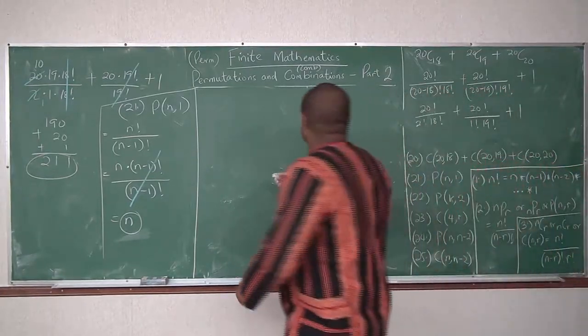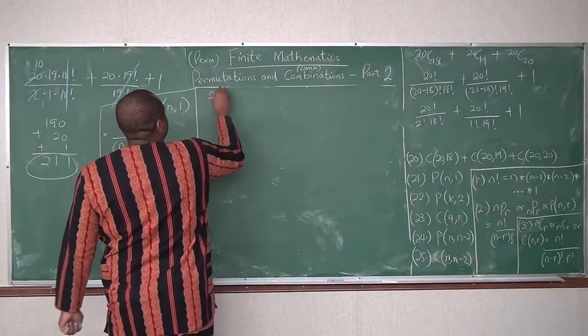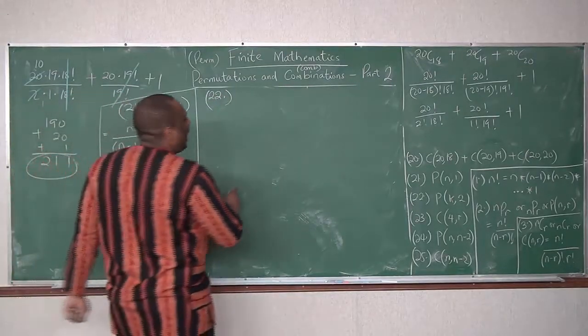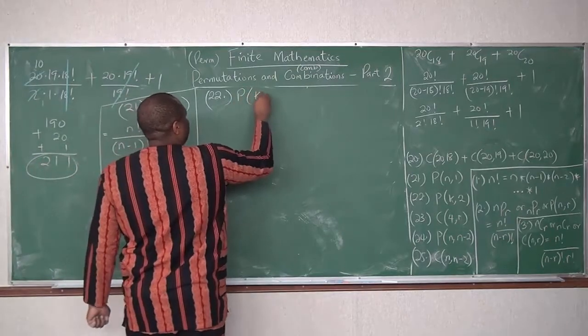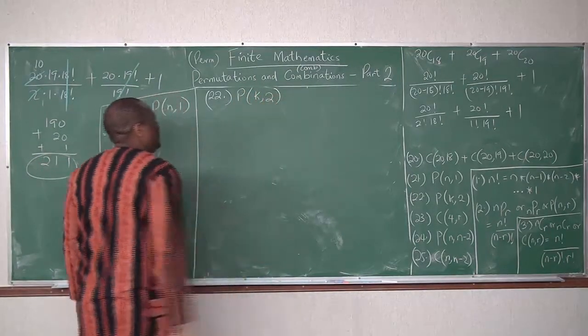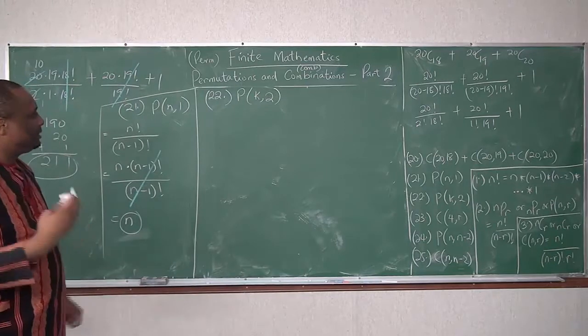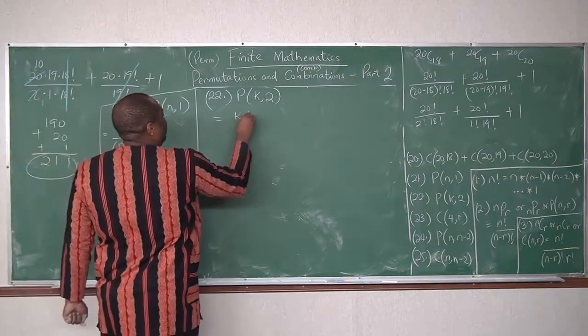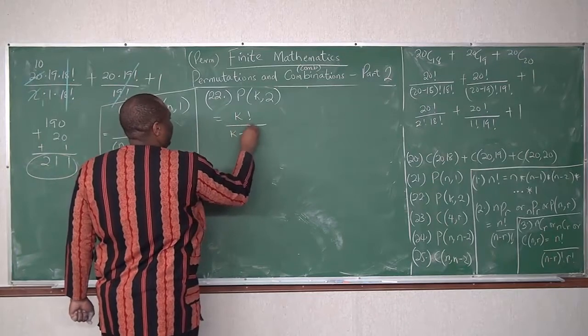Alright folks, let's continue. Now, this is question 22: k permute 2. We're still going to use the formula. This is k factorial over k minus 2 factorial.